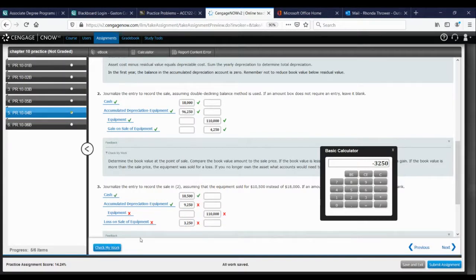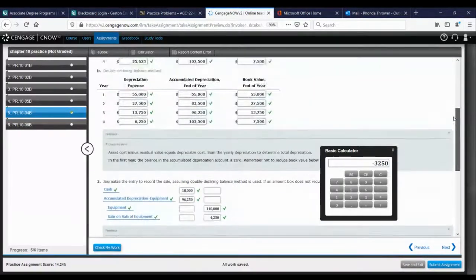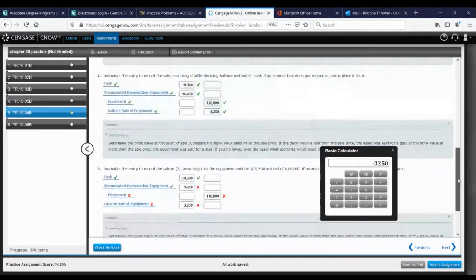Okay, so it doesn't like what I have here. And the reason is, first of all, the accumulated depreciation on the equipment, I've written in the wrong thing there. The accumulated depreciation was 96,250. That was from year 3, 96,250.